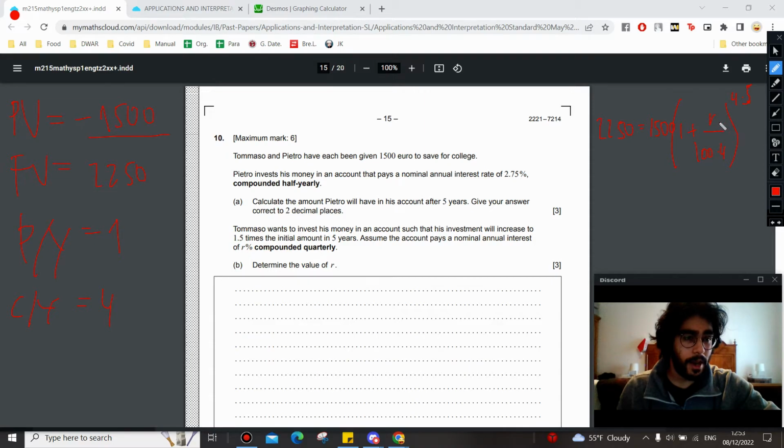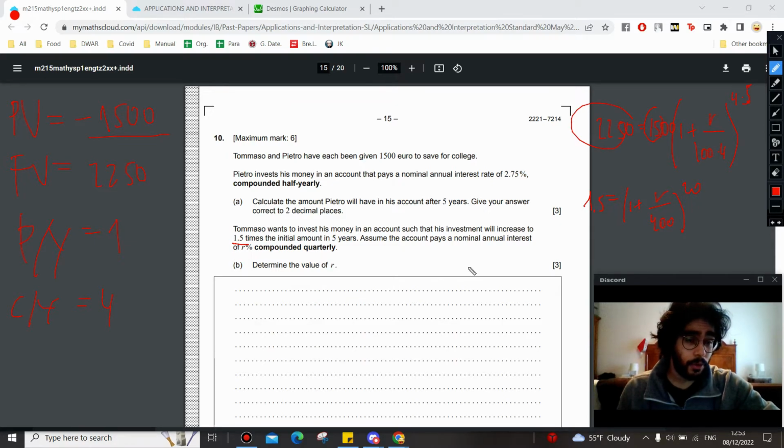I need to leave R alone, right? So I have to divide 2,250 by 1,500, but I already know I will get 1.5, because it's 1.5 times. So I will write 1.5 equals (1 plus R divided by 400) to the power of 20. How can I get rid of this power and leave R alone?